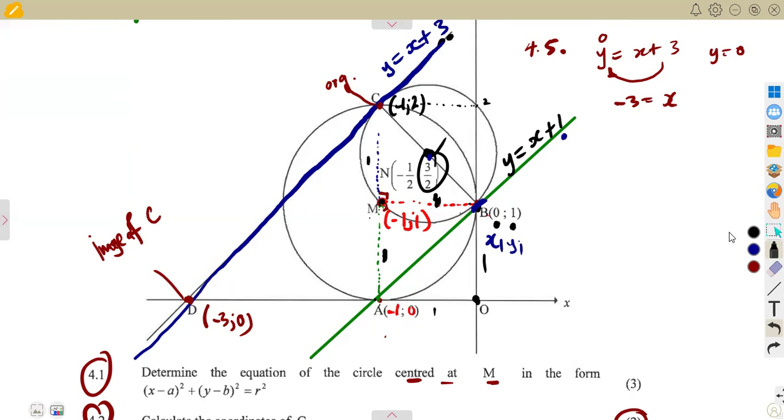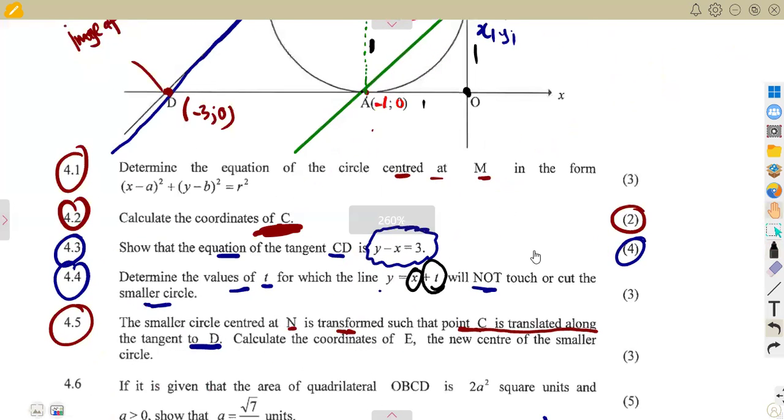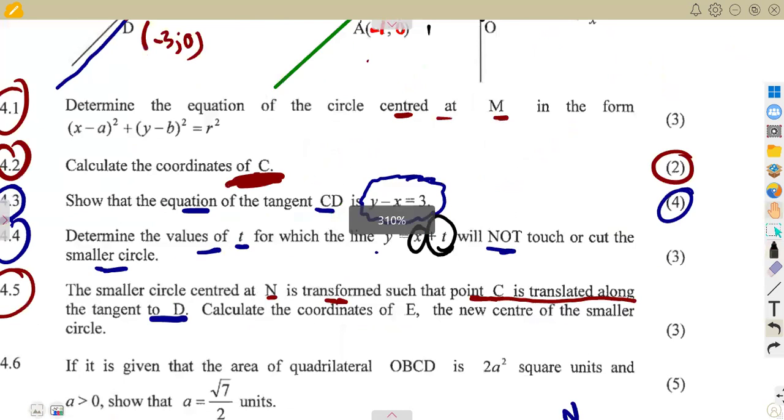The question is not about this point, no. Let's answer the question. The question is, calculate the coordinates of E, the new center of the smaller circle. The coordinates of E, the new center of the smaller circle. So this is it.